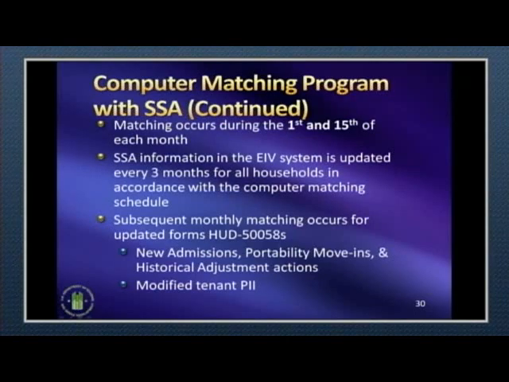So if you remember Operation City, we said, if you got some issues with your failed SSA identity tests, submit the updated 5.8. If you're submitting updated 5.8s for anybody on the failed SSA identity test right now, they will be matched with SSA on November 1st, and once we get the validation back from SSA, the record will be updated. We'll talk about that when we get into the identity verification report.